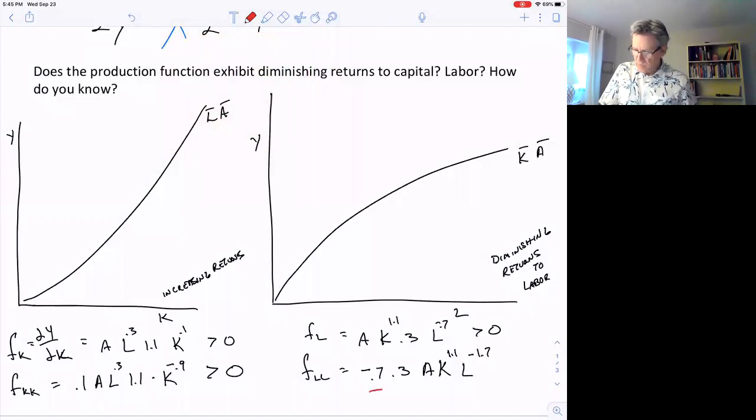And this negative 0.7 out here on the front makes the term negative. So this is less than 0. So the second derivative is negative, meaning the slope is decreasing. Positive but decreasing because of the diminishing returns.